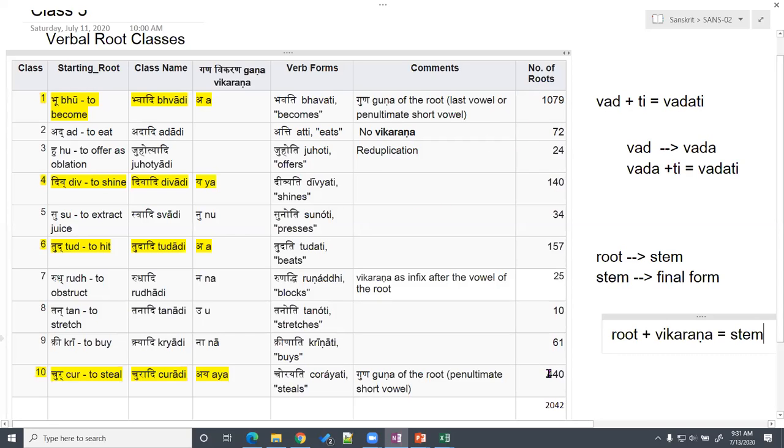Then these are the number of roots in the different classes. In total I said about 2000, so 2042 roots. This is not the exact number. When I say this is not the exact number, what does it mean? It simply means that Sanskrit is a very old language.